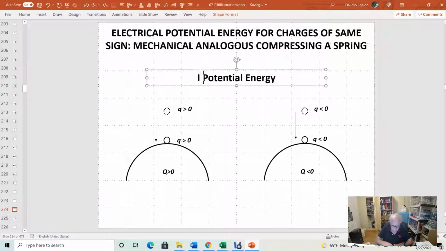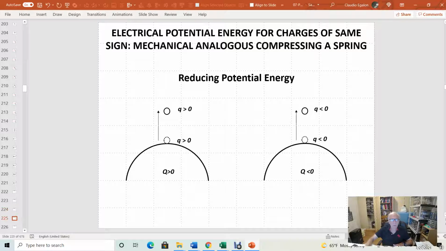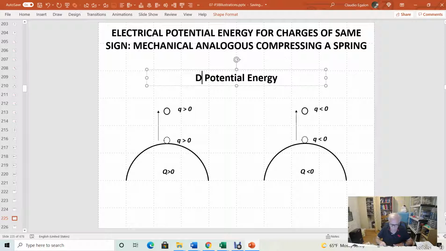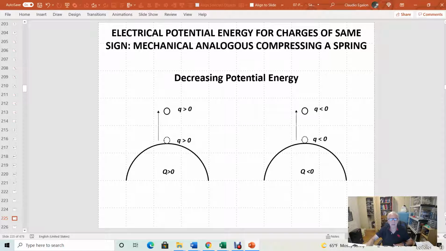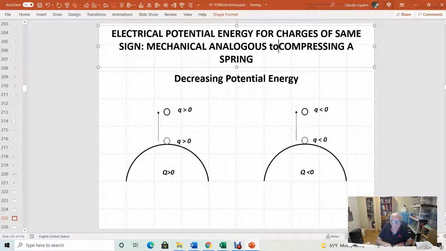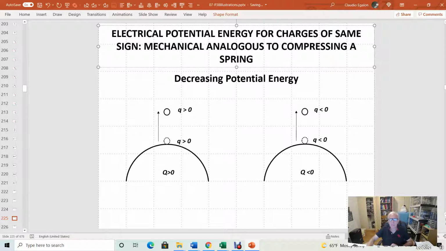Let's put increasing potential energy. Decreasing potential energy instead of reducing. That's the qualitative idea of potential energy. Analogous to compressing a spring. Here the spring bouncing back. In this case, the spring bouncing back. One end of the spring, the other end of the spring, right?